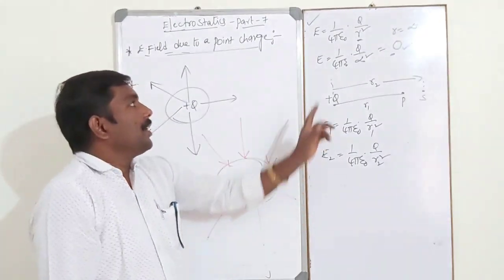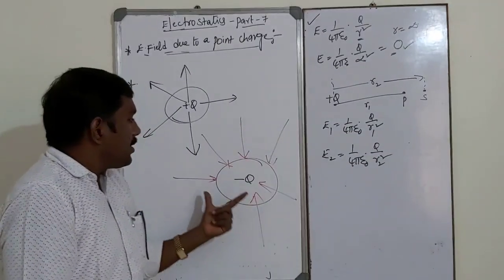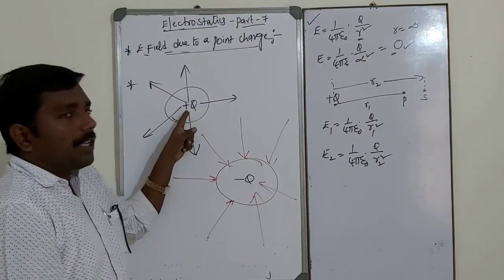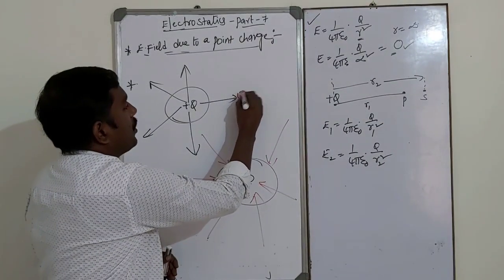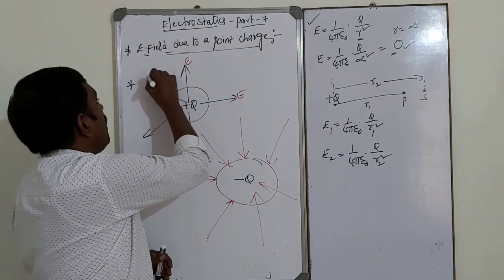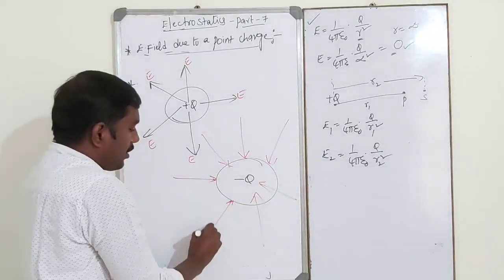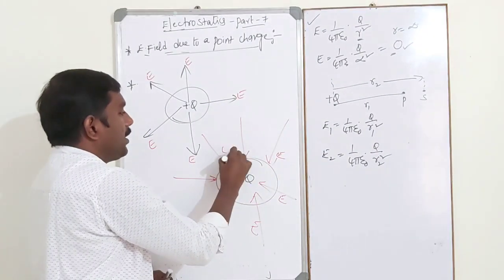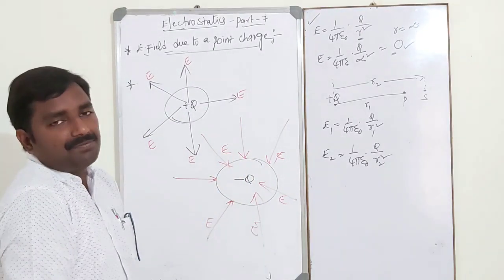Vector quantity. This is the magnitude of electric field due to a point charge, and this is the direction. That is the most important one.